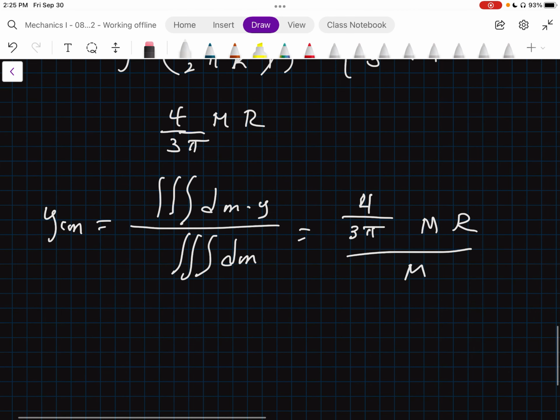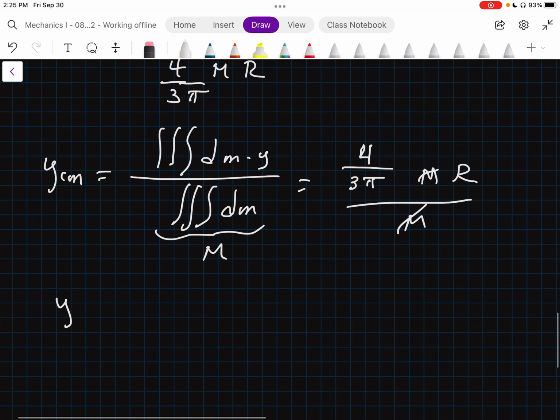Remember, this is just integrating all the little bits of the piece, and so that's going to give me my total mass at the bottom. That cancels out, and so I get the y center of mass is 4/3 pi r.